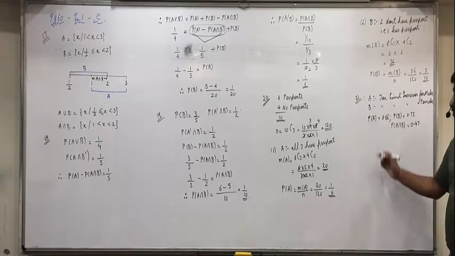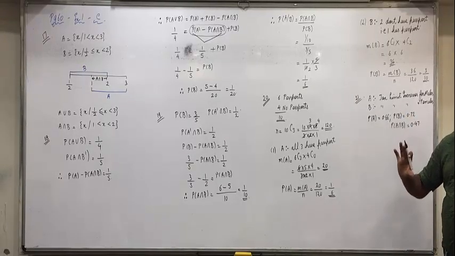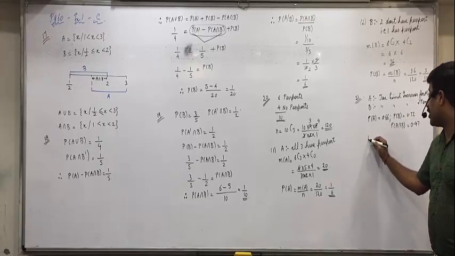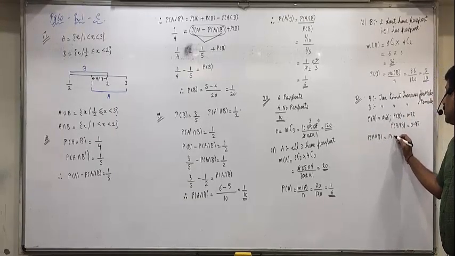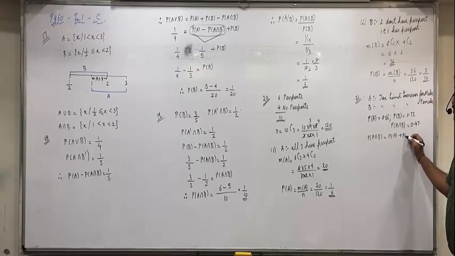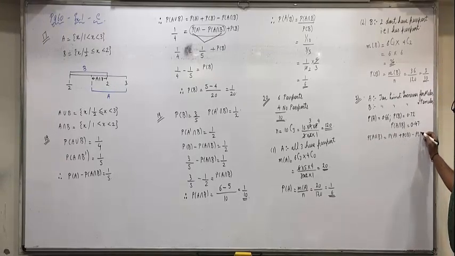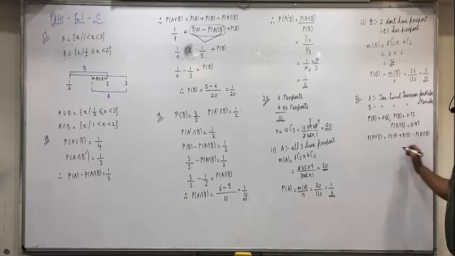Now for both the questions, first we have to find A union B. Now P(A union B) is equal to P(A) plus P(B) minus P(A intersection B).